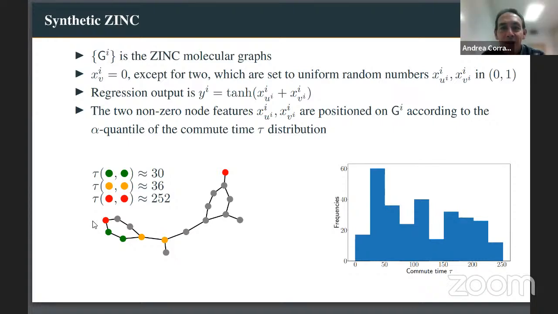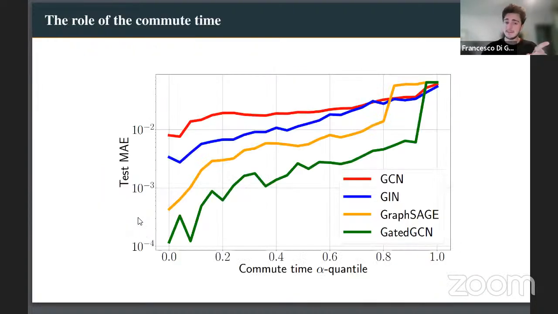The problem is that the reason why GNNs can deal successfully with these graphs in the original Zinc dataset is because the task is quite local. The task will never really depend on exchanging any information between, say, the red nodes. In fact, even on such a small graph, the commute time between the red nodes can be quite large. And this is why, as soon as you change the task on the same graph, the performance deteriorates significantly.